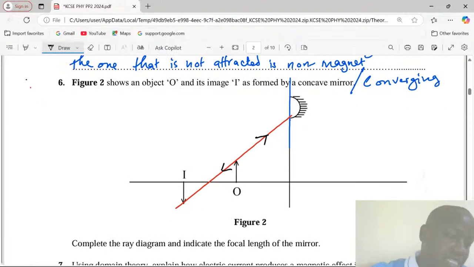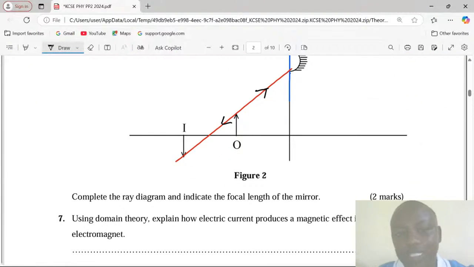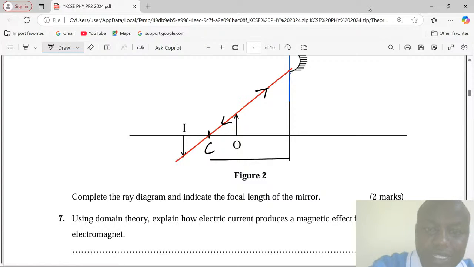So with that kind of an analysis, we will call this one our capital C. Now with capital C, we have to divide it by 2, because this is going to be the radius, the radius of curvature from the pole to where C is.